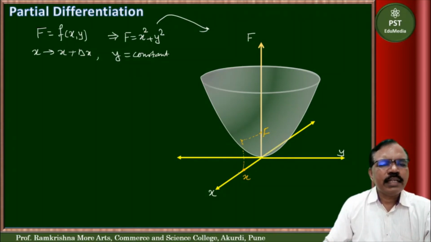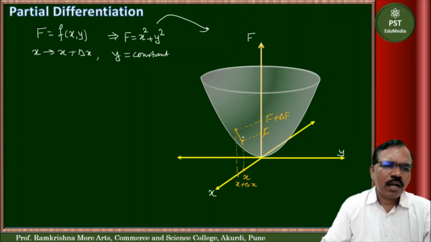Now if we change x to x plus delta x, you may be here. So you are moving on the surface, and here function will be f plus delta f.